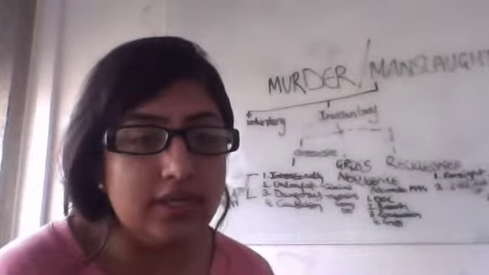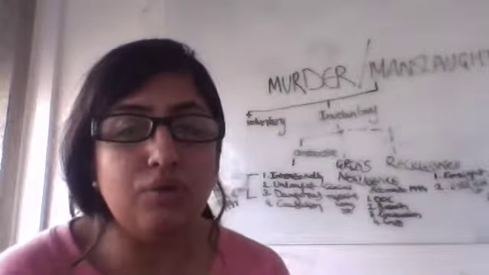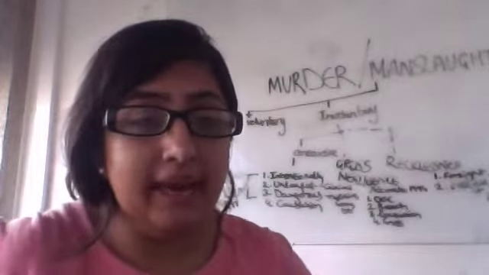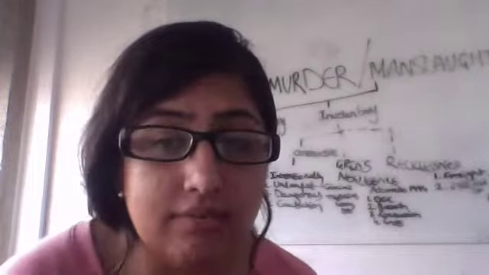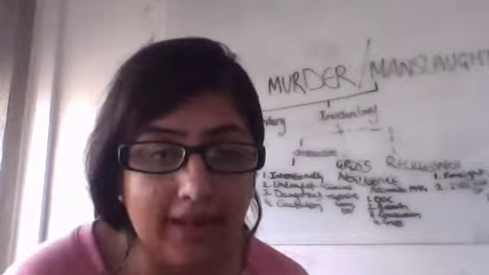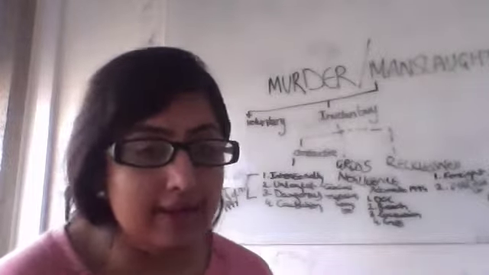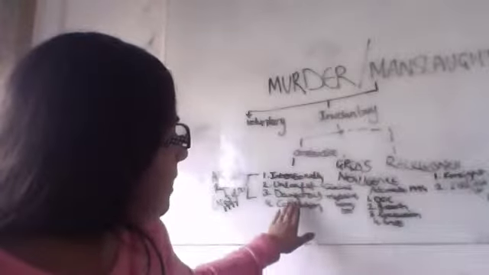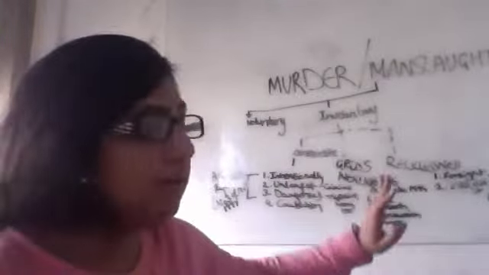This is essentially where you have the foresight and you know that somebody can possibly die. There's a serious risk that they can die or get seriously injured from my action, but you still go ahead and do it. And in a sense, this is similar to constructive and gross negligence manslaughter.